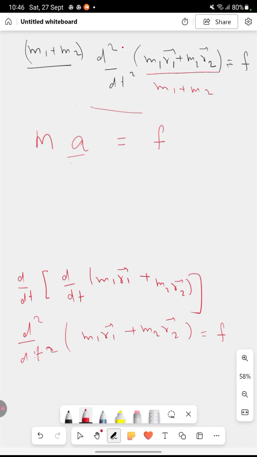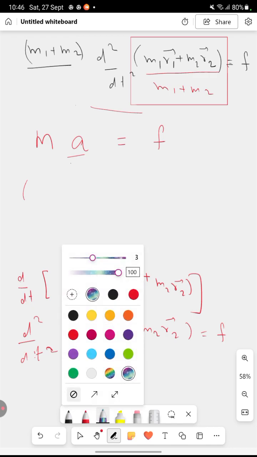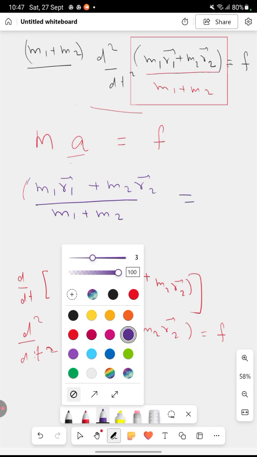So this is the location, and this is called R. This m1 r1 plus m2 r2 upon m1 plus m2 is equal to R.